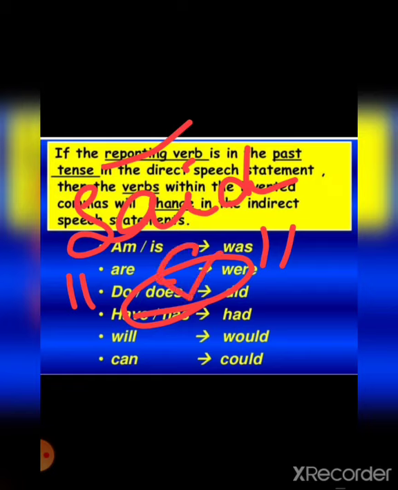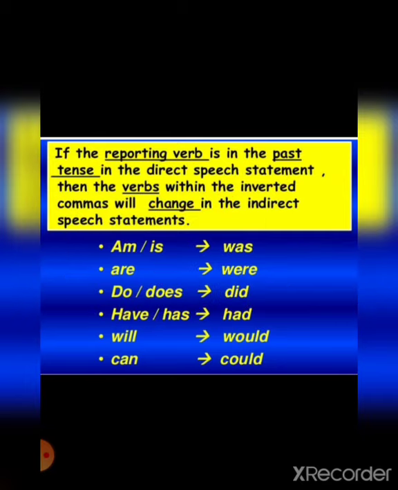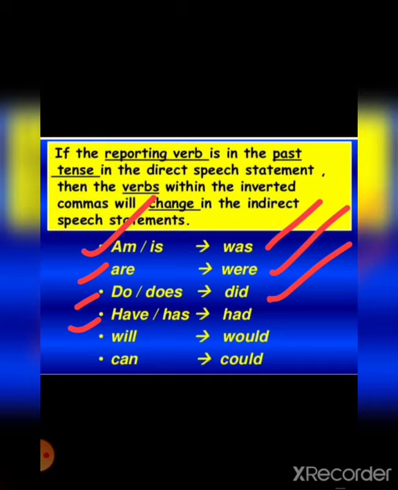In an indirect speech, am or is will change into was, are will change into were, do or does will change into did, have or has will change into had, will will become would, can, could, may, might.